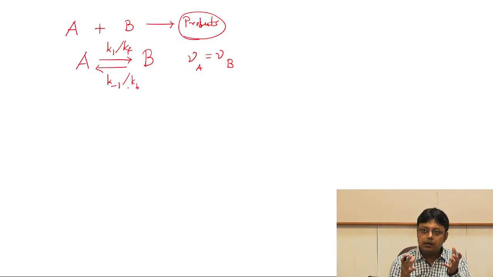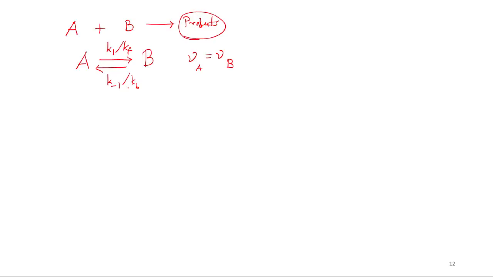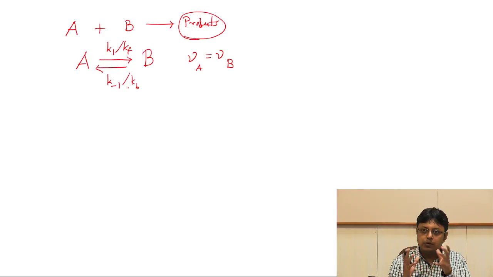So initially the rate of A going to B will be very high and B going to A will be slow, but sooner or later these two rates will become equal, because you know that rate is nothing but the rate constant times the concentration. If the temperature is fixed, the rate constants are also fixed.